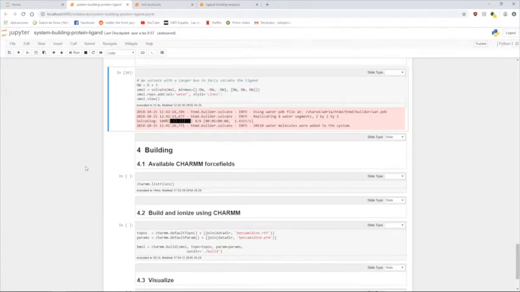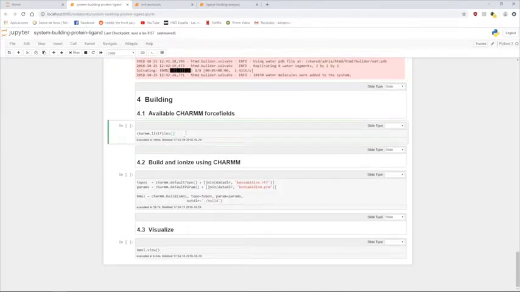After we have solvated our system, we'll build it using the force field. So basically, we'll calculate the required parameters for our system. For proteins, there are already available force fields that have been correctly parameterized.